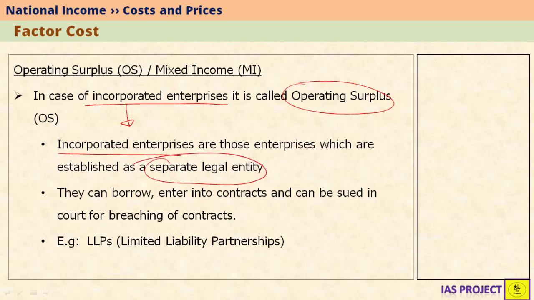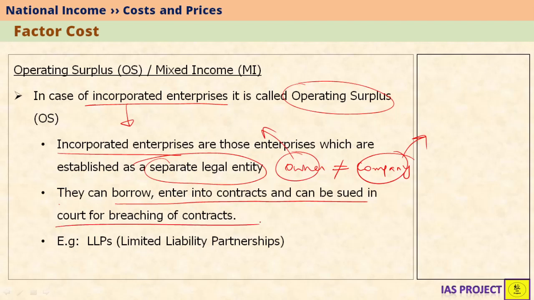Separate legal entity meaning the owner is not the company here. The company itself is a new entity and the owner himself is another entity. Such incorporated enterprises can enter into contracts and can be sued in court for breaching those contracts without involving the owner, because the owner is an entirely different entity from the company.